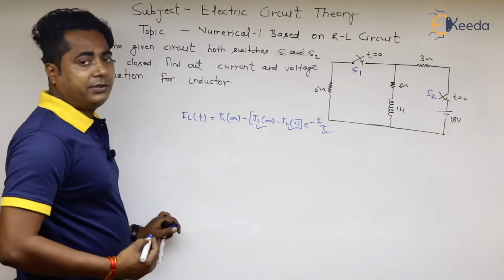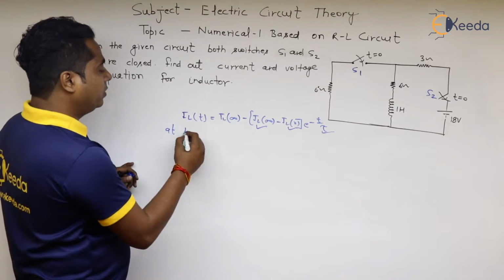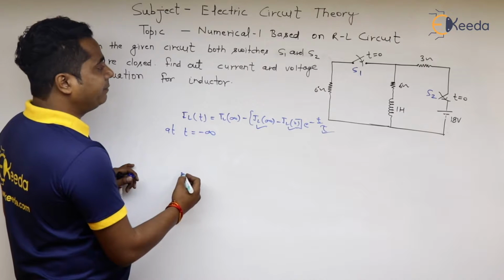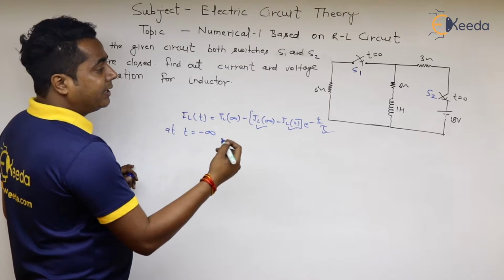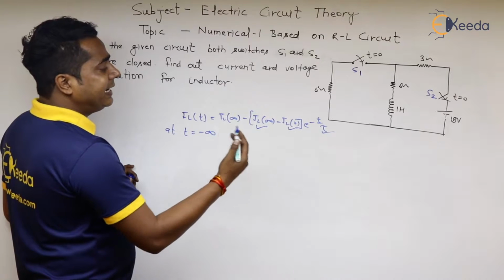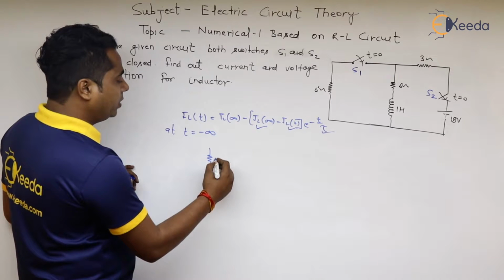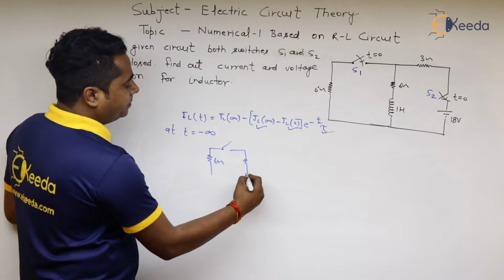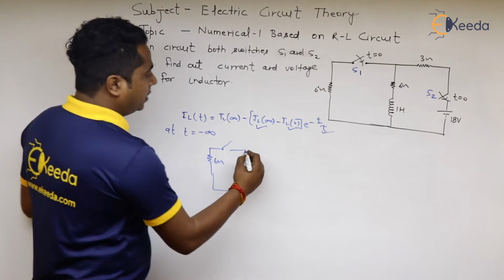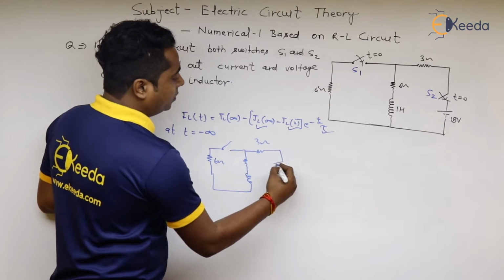So starting from t is equal to minus infinity, we will find out if there is any input or not. So this will be 6 ohm, this switch is open, and this is 3 ohm, and this switch is open too.